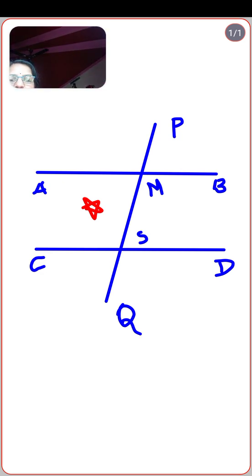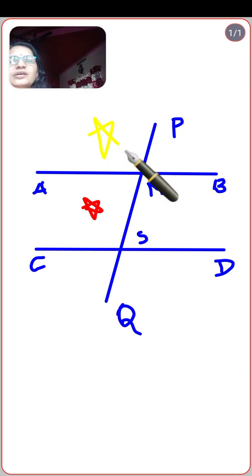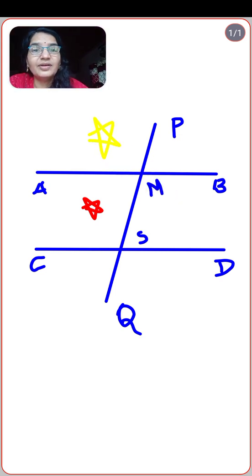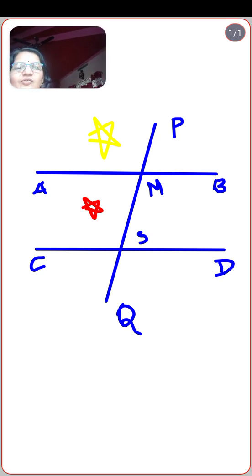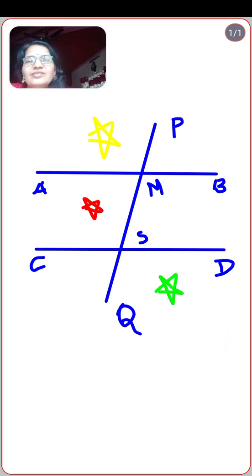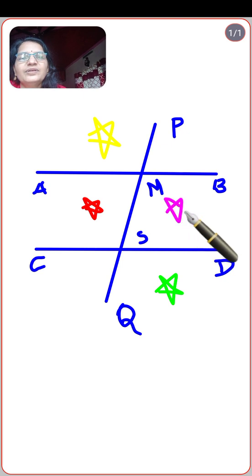Now, what about the yellow star? Is it in the interior part? No, it is in the exterior part. Exterior, outer part. And what about the green star? It is also in the exterior part, isn't it? And what about this pink star?